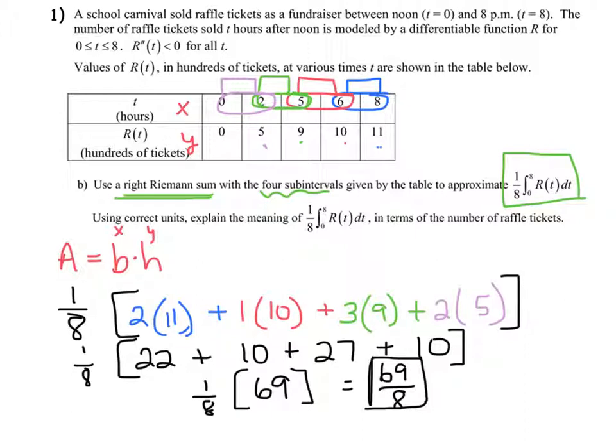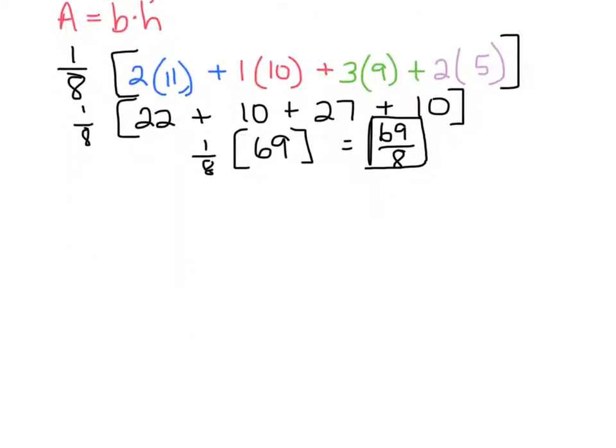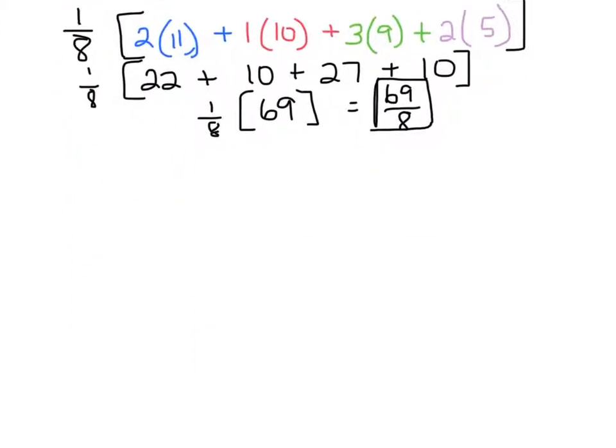We already talked about the fact that this 1/8 in front here is telling us that this is talking about average value. So now we just need a concluding sentence that wraps up what that is.